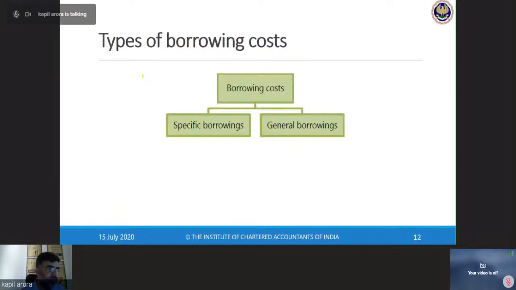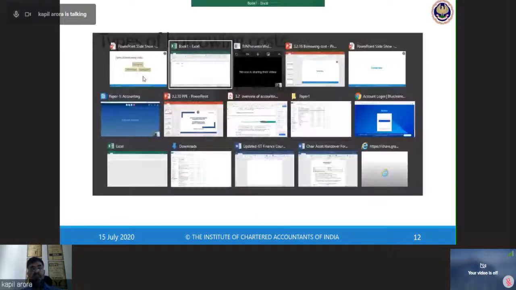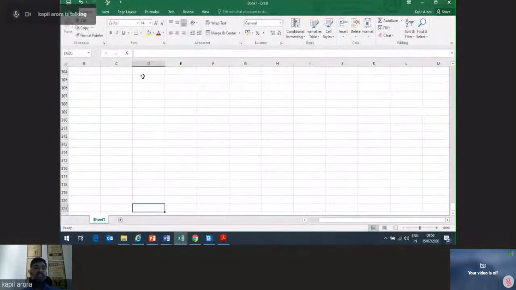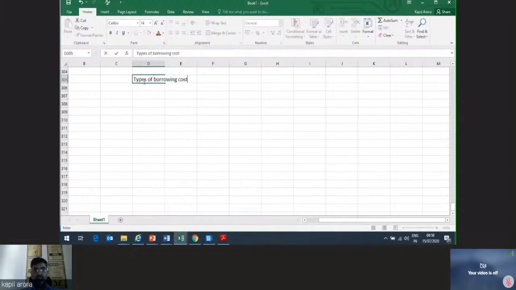Now moving on to our next piece, which says types of borrowing cost. Here, from here onwards, the numbers will start. Types of borrowing cost. One is specific.